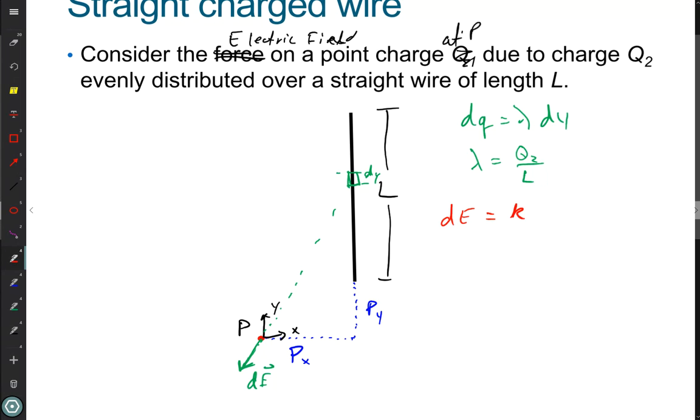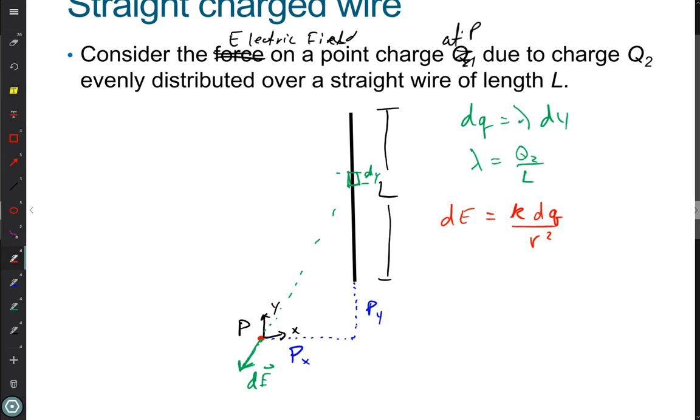I drop off the minus because I'm only doing magnitude. So k, then what? Drop off the r hat because I'm doing magnitude. k times dq over r squared.